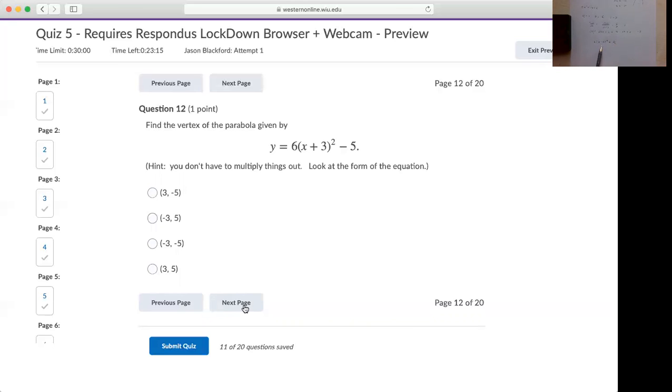And this really just comes across as taking the parabola y equals x squared and applying some transformations to it. Because this is x minus h, we can see h is -3. And then this is plus -5, so k is -5. So the vertex is actually going to be (-3, -5).